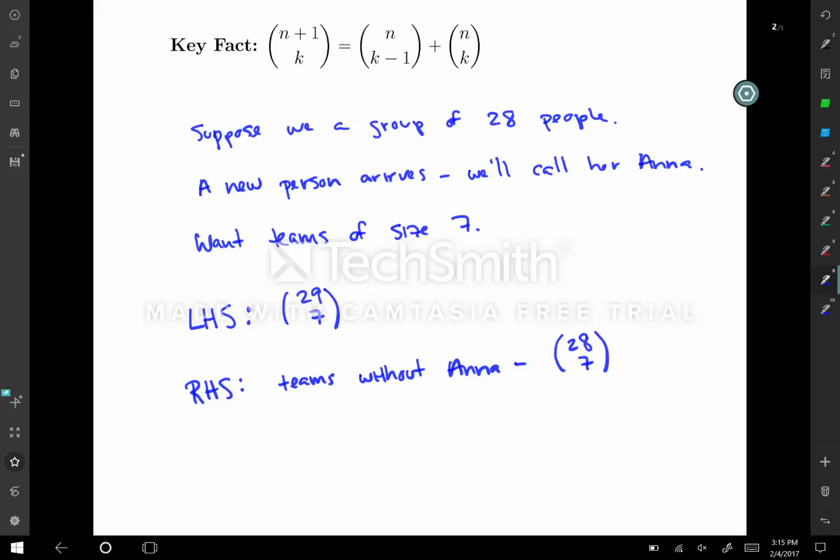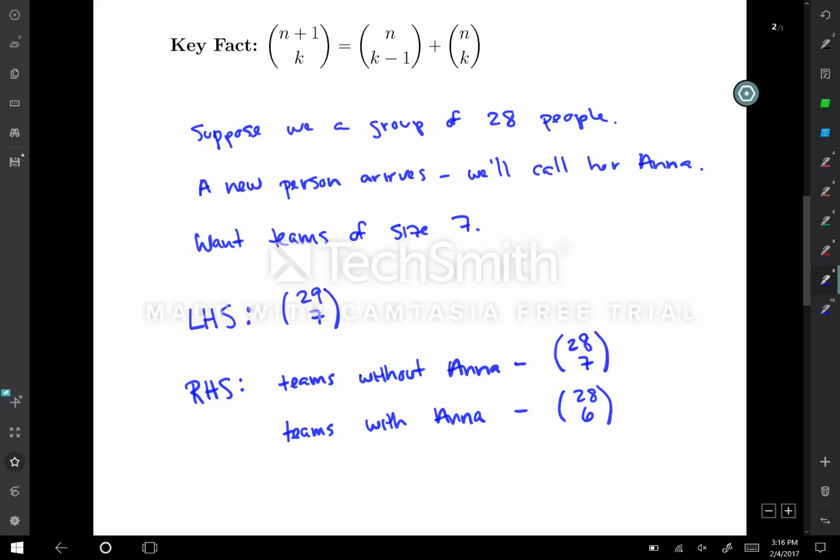But we could also have the teams that definitely have Anna, in which case we're no longer going to choose 7 people. We're instead only going to choose 6 because Anna is already guaranteed to be on the team. So you will note now that the left-hand side and the right-hand side both count all the possible teams that use 29 people. And this is the same logic that's used to determine the subsequent rows in Pascal's triangle.